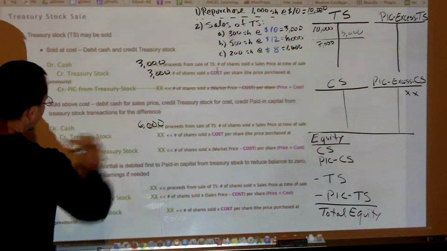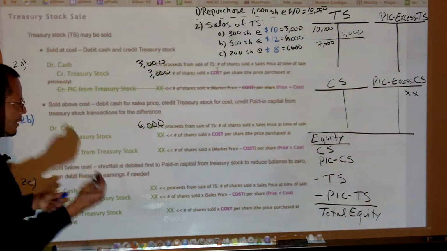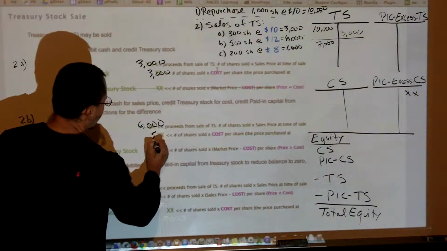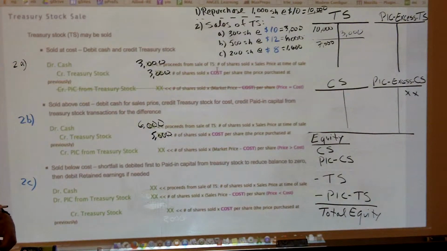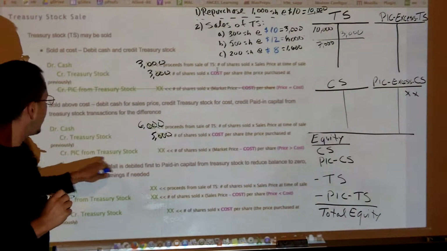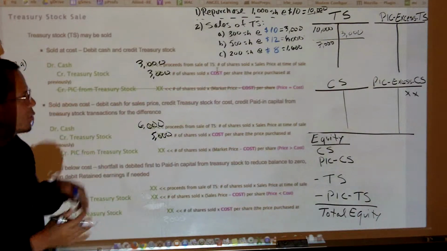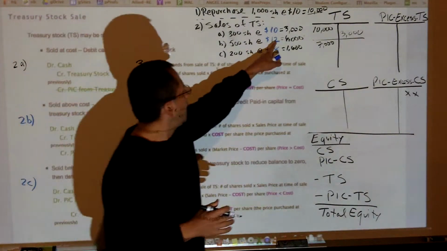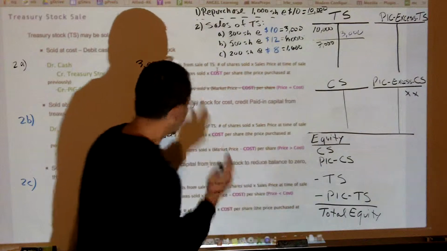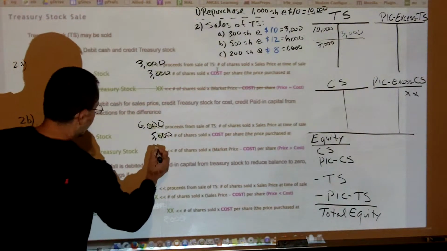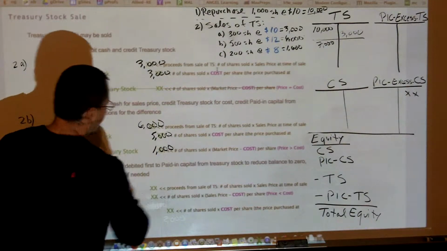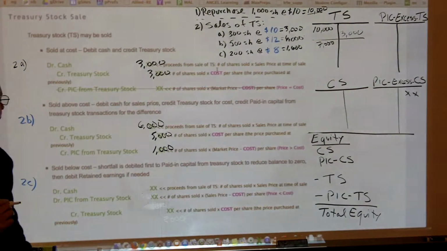So when you relieve treasury stock, you're going to see $5,000 being credited to that account. And the PIC account will be the difference between the price of 12 and the cost of 10. So $2 times 500 shares gives you $1,000. So that will be a credit of $1,000.